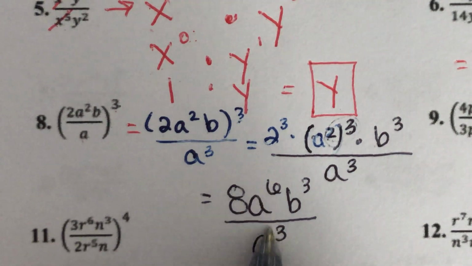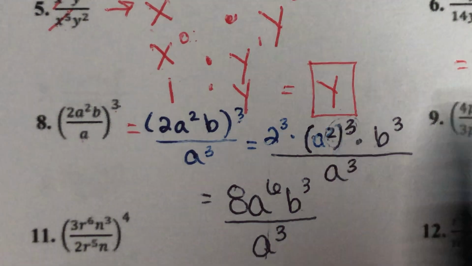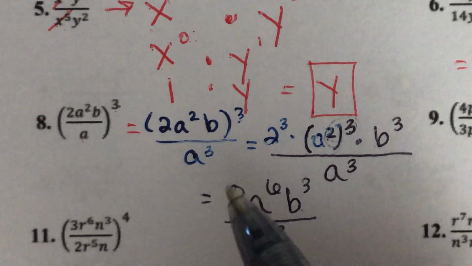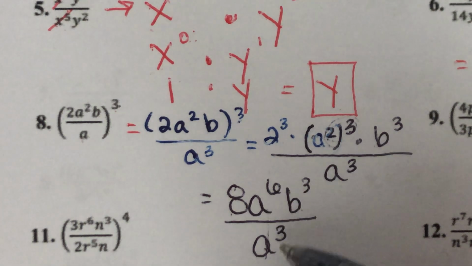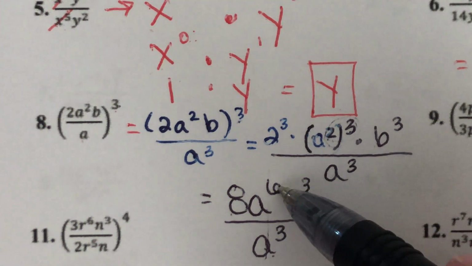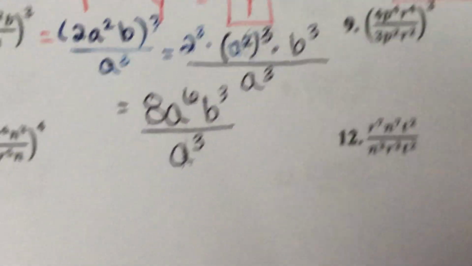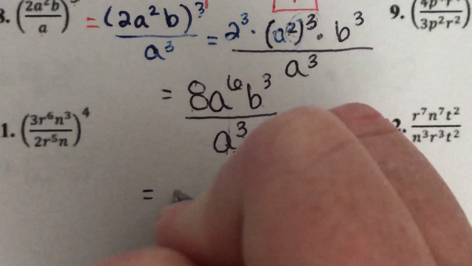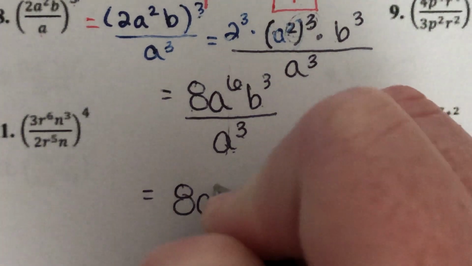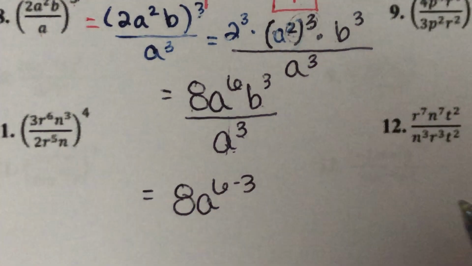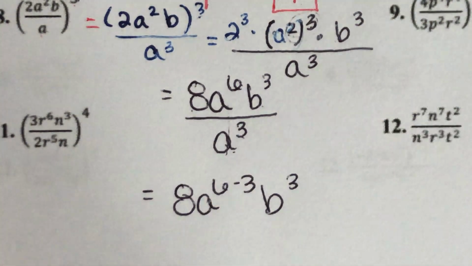So here the only thing that lines up are the a's. So b to the third stays b to the third, 8 stays 8, but a to the 6th divided by a to the third, I'm going to subtract 6 minus 3. Right, so I'm really going to have 8a to the 6 minus 3 power times b to the third.